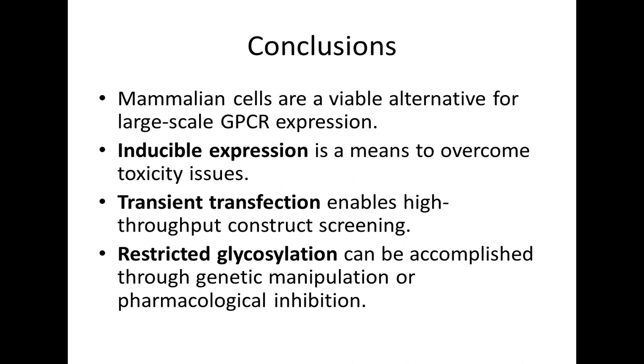So this points to the fact that in many cases in Sf9 cells, your receptor is simply not being properly expressed. We've also seen very construct-specific effects going from one cell type to another. So a construct that expresses great in Sf9 cells doesn't express in HEK cells, and vice versa. A construct that expresses great in HEK cells doesn't do so well in insect cells. So it doesn't seem to be a very good correspondence from one cell type to the next in terms of what does best.